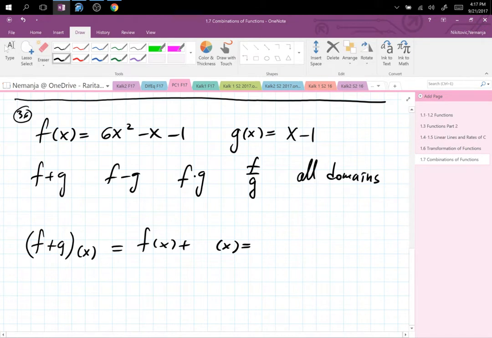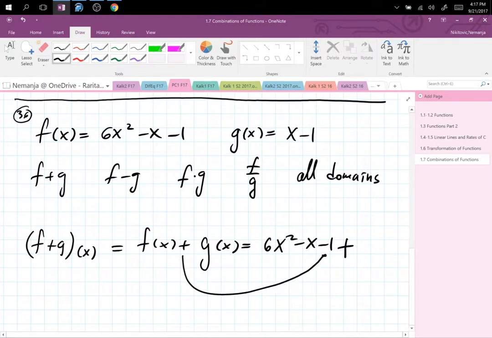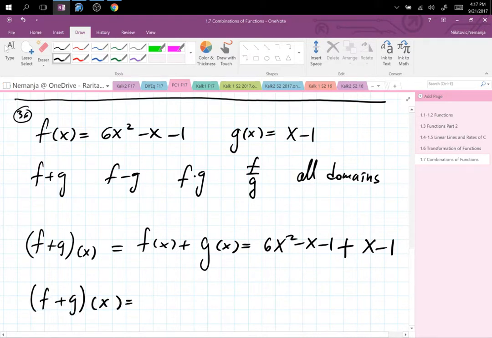The meaning of this is f of x plus g of x separated, and I'm replacing this block by what it is, and then I will be replacing the second block by what it is. So I'm just swapping things. So now I'm going to swap f of x with 6x squared minus x minus 1 plus, which is the plus from the formula, and then x minus 1. So f plus g of x is going to be 6x squared, x's cancel, and then minus 2. This is what we have in the end.